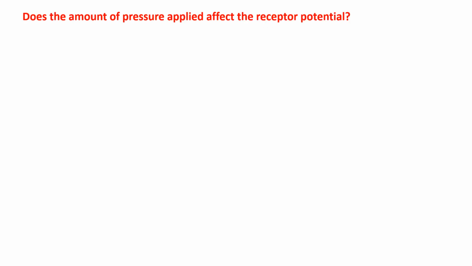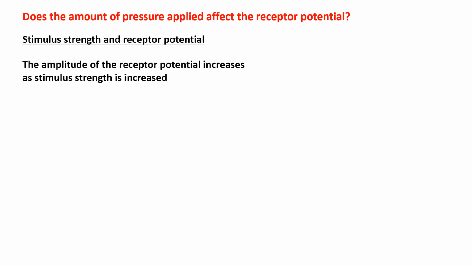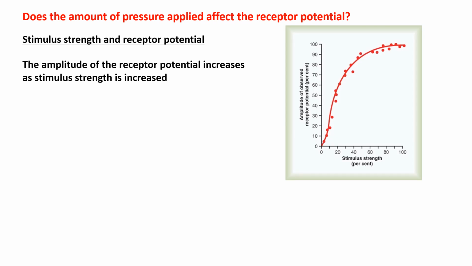Now, you may ask, does the amount of pressure applied affect the receptor potential? The answer is yes. The more the pressure, the greater the receptor potential. So the amplitude of the receptor potential increases as the stimulus strength is increased. And this picture depicts that.